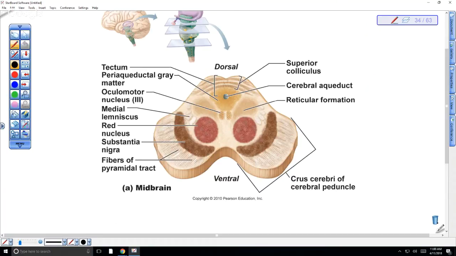And then we have the red nucleus. That would be just a different group of aggregations of nerve cell bodies. So action potentials can not only go out through the cerebral peduncles, but they can actually come back up through the midbrain before traveling into the cerebral cortex. So this is a cross section through that midbrain region.